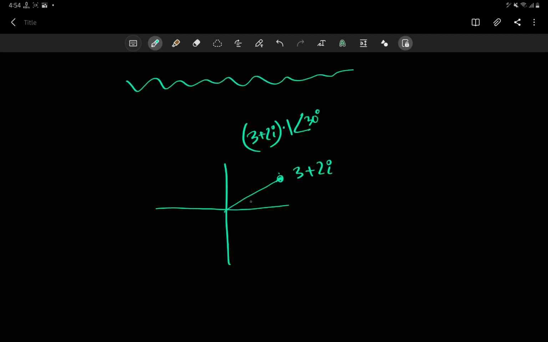Whatever the radius was, it remains the same, but it introduces 30 degrees, so it adds 30 degrees to the already existing theta. So it introduces some rotation into the system. This is what complex numbers are really useful for.